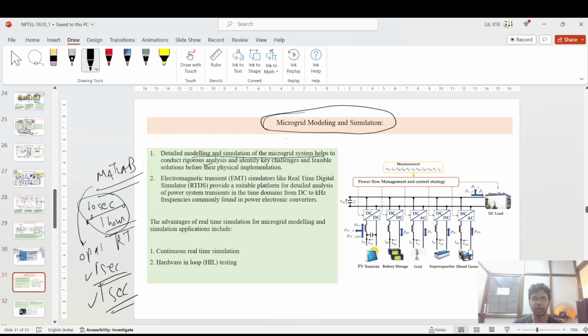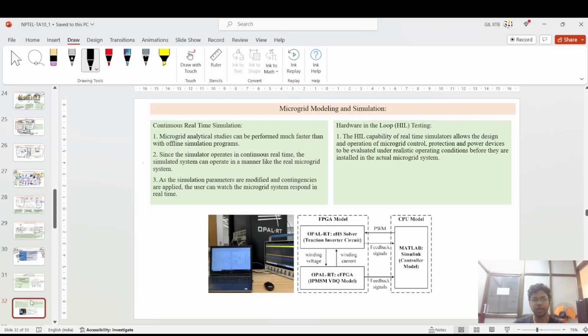Detailed modeling and simulation of the microgrid helps in rigorous analysis and identifying the key challenges and feasible solutions. The electromagnetic transient simulators, such as the real-time digital simulator RTDS, use certain voltage and frequency ranges, and based upon that the controlling is tested. The major advantages of microgrid modeling and simulation are continuous real-time simulation and hardware in loop.